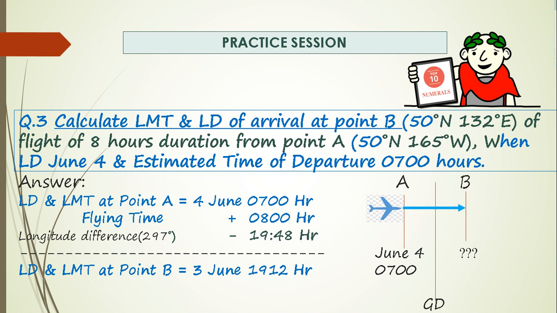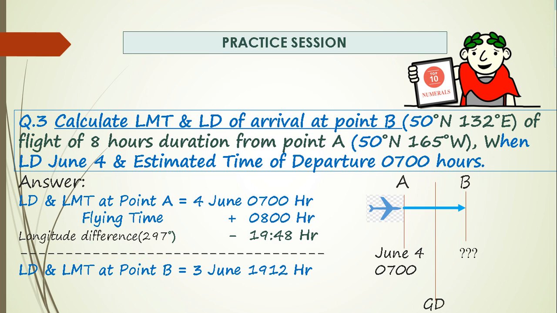So first of all, we have been given the flying time. So add the flying time to this one, 0700 plus 0800. Thereafter, check the longitudinal difference, between 132 degrees east and 165 degrees west. So point A is 165 degrees west and point B is 132 degrees east.